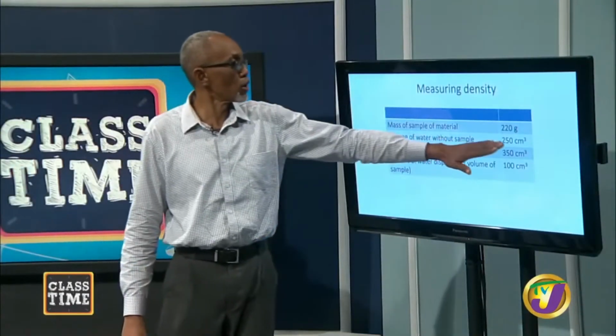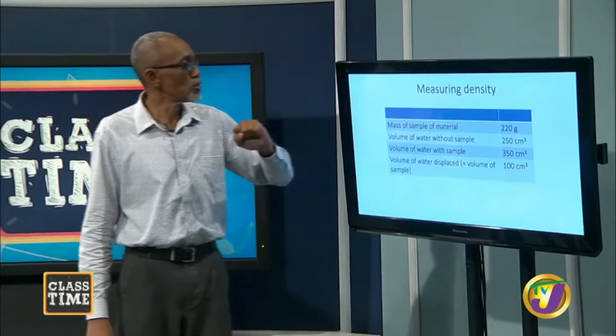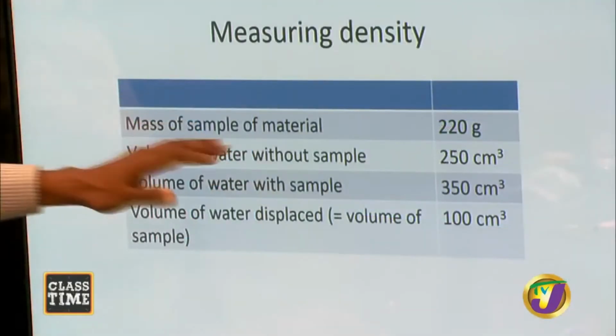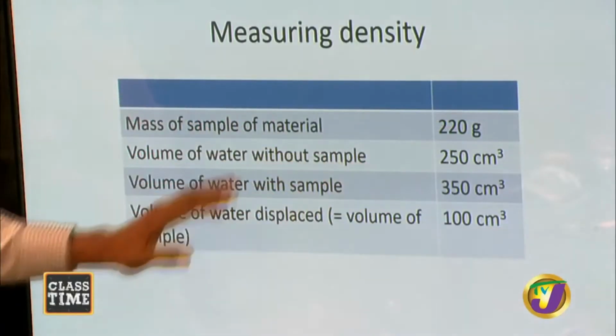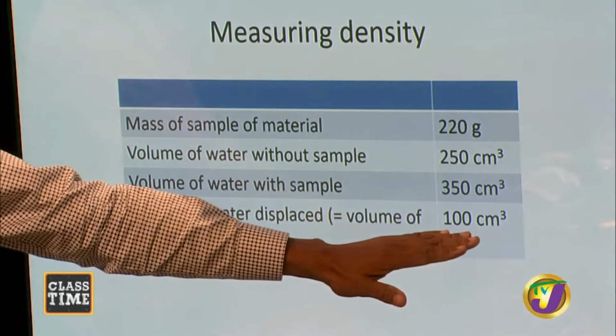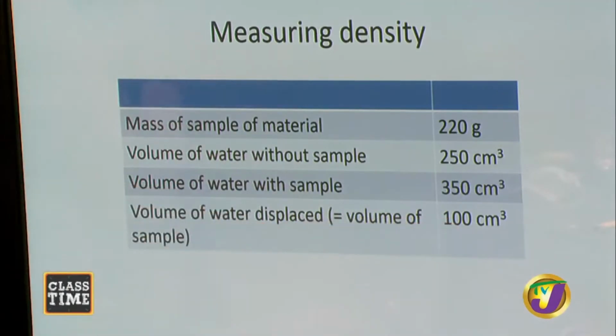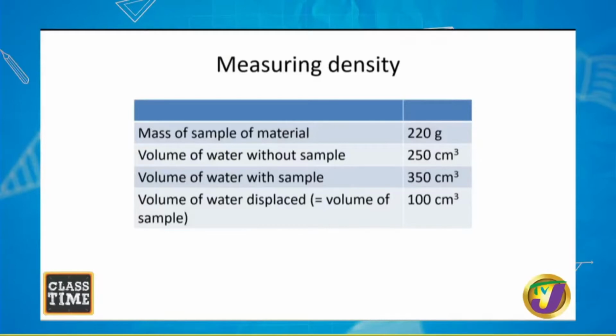The volume of the water without the sample is 250 cm cubed. With the sample, 350. Remember we said that the volume of the water displaced is equal to the volume of the sample itself. So the volume of the sample is 100 cm cubed.